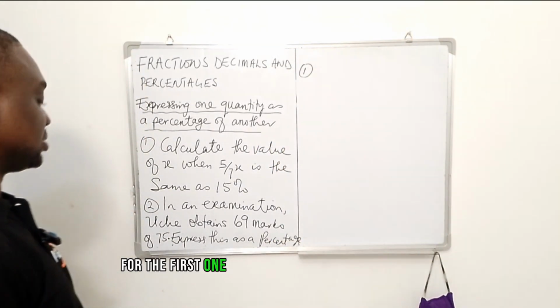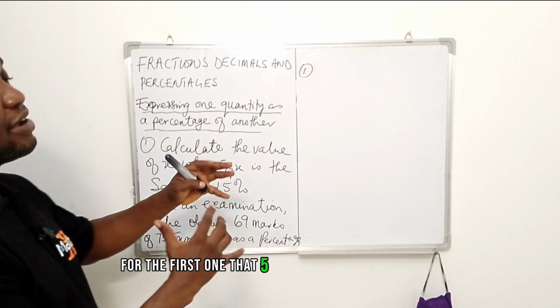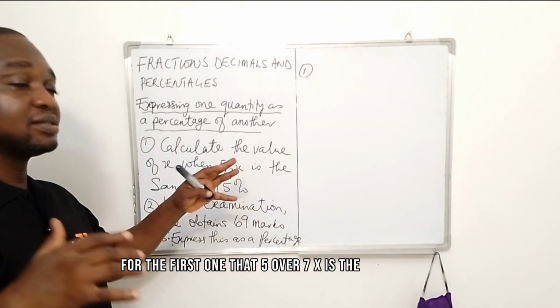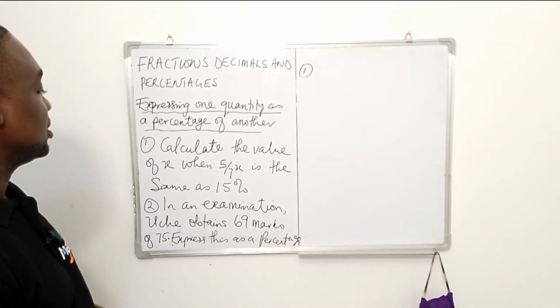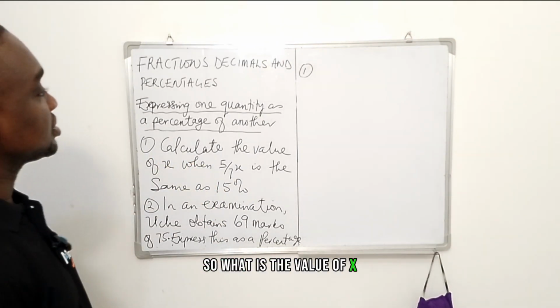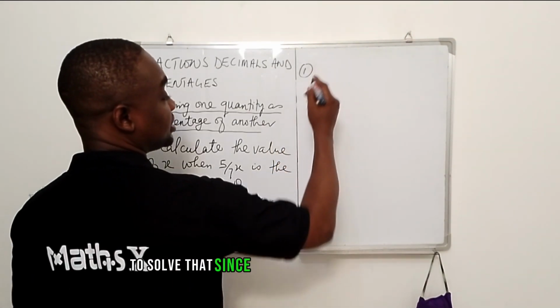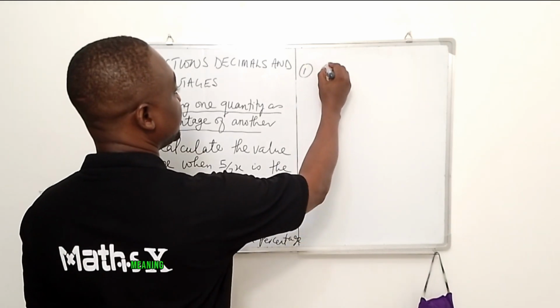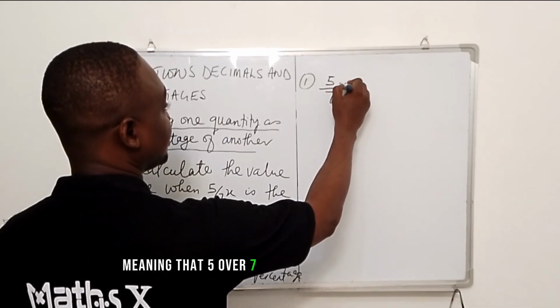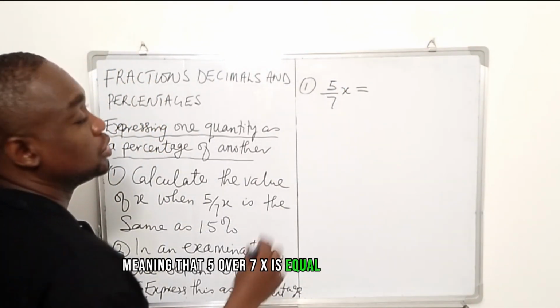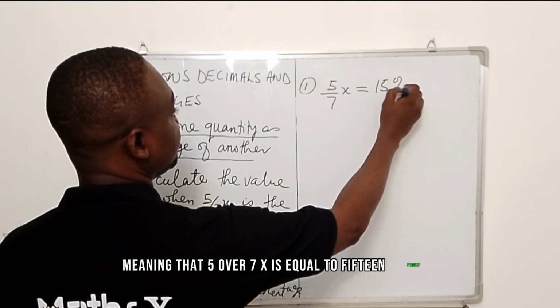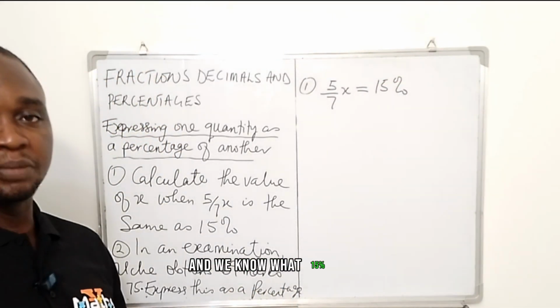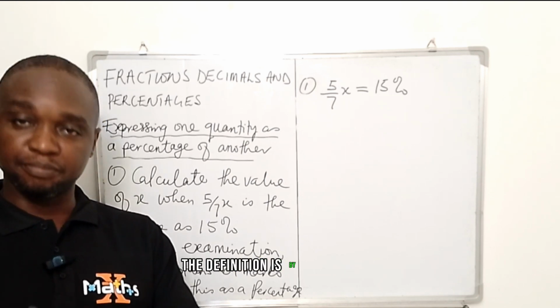Let's go for the first one. That 5 over 7x is the same as 15%. So what is the value of x? To solve that, 5 over 7x is equal to 15%. And we know what 15% means. The definition is by the 100.